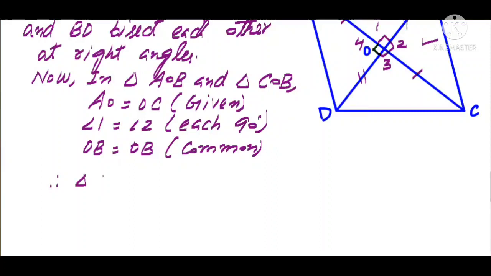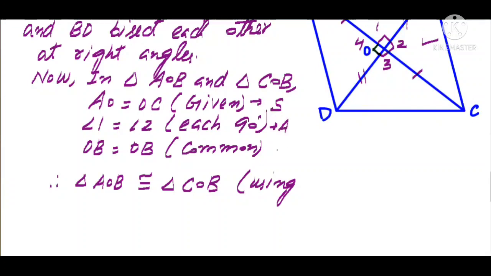That means triangle AOB will be congruent to triangle COB using which criteria? You can see here, side, angle, side. So using SAS congruency rule, when they are congruent, which implies AB is equal to BC.